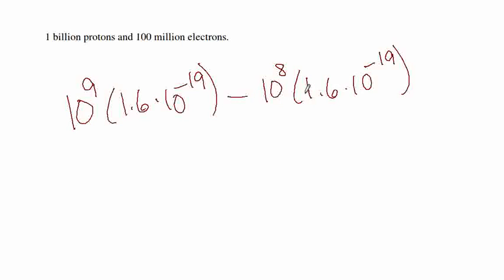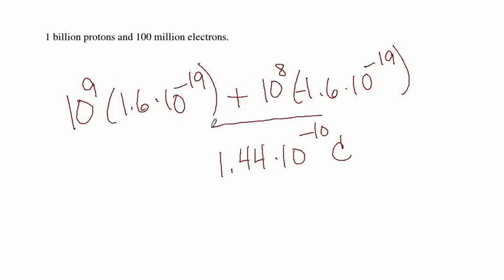Okay, another way to say the same thing is to say that we are going to add the negative product. So I could move the negative into the last parenthesis pair there, if you like. Now, calculating what that gives, you will see that the answer is 1.44 times 10 to the minus 10 coulombs. All right?